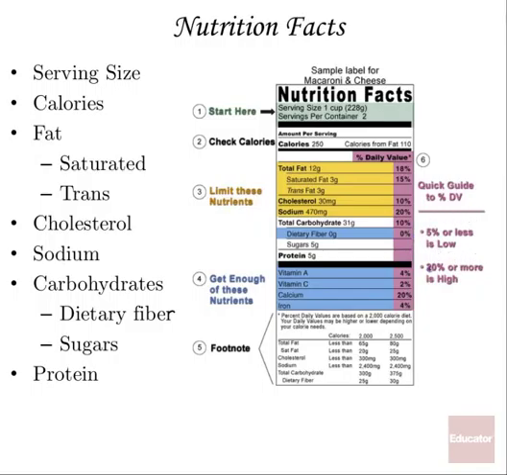So if you're looking for a low-fat option and you see 20-something, 30% over here, that's not a low-fat option, because 20% or more is high. For instance, when you look at soup, most cans of soup I've seen in the store, you're looking at 50, 60, sometimes even greater percentage of the amount of sodium in the soup. And they're using that sodium to flavor it. But you've got to watch your salt intake.